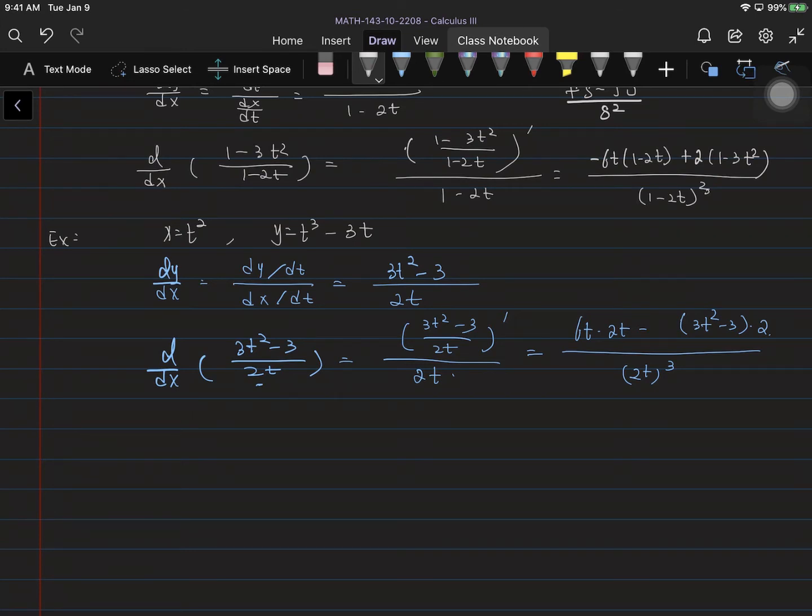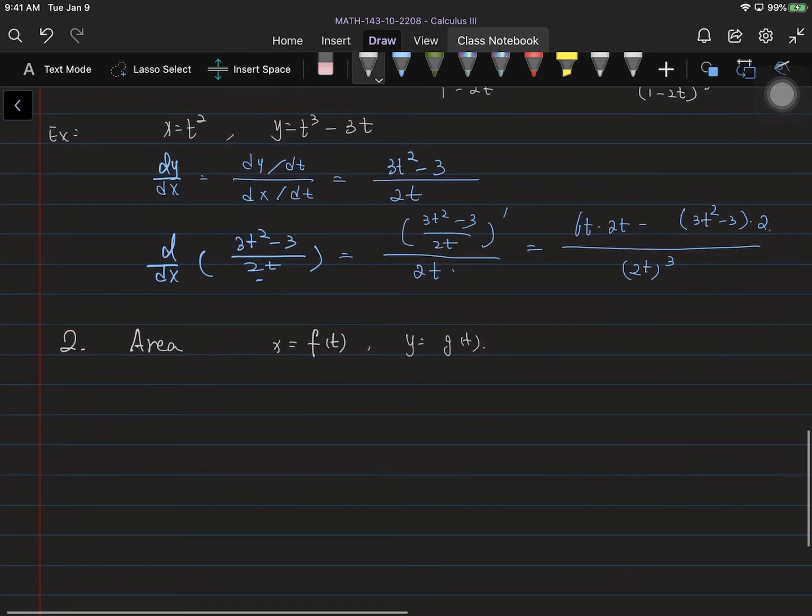And next we're going to do area of the curve, if the curve is given by x equals f(t), y equals g(t). So how to find the area under the function? In calculus 1, we learned the area can be calculated by a definite integral.